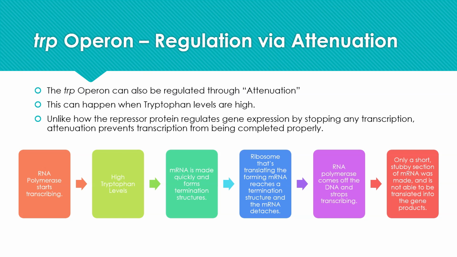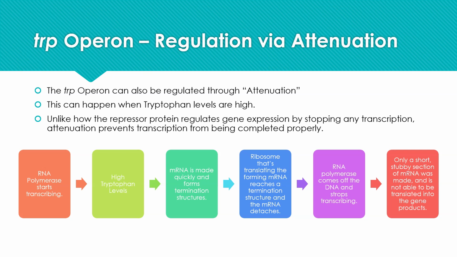It doesn't entirely stop transcription, where, when you have the repressor protein bound to the DNA, no transcription happens. With attenuation, you will still get some transcription, and in fact you'll get a little bit of translation, but it never gets completed properly, and so you never actually end up with the final protein products at all.